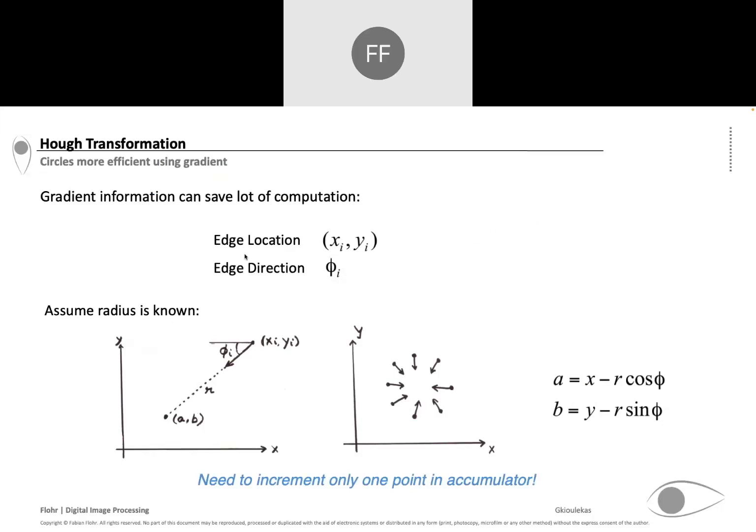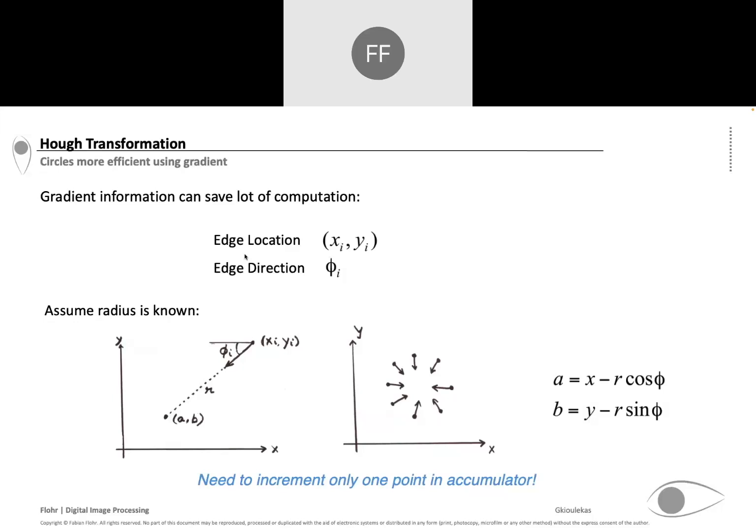Well, what you meant, I think, goes in that direction. You could now also apply another piece of information here, namely the edge direction that we have, right? We have it by the arctangent of the vertical and the horizontal Sobel response. So we also have the orientation of the edge, and if the orientation is known, then this particular point defines the orientation to the inside, to the midpoint of the circle.